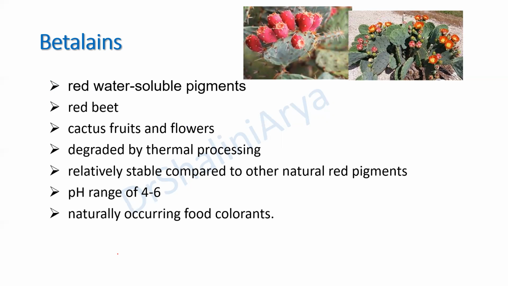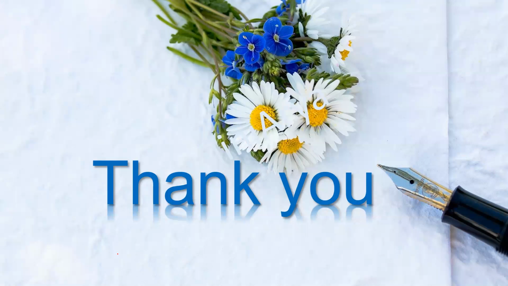We saw that the other pigments are highly unstable in the pH range of 4 to 6, but in this pH range this compound is stable as compared to other pigments, and therefore it can be used as a natural food colorant because of its stability.